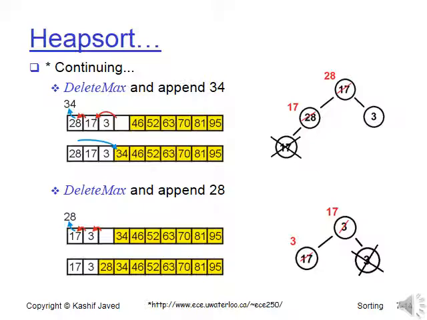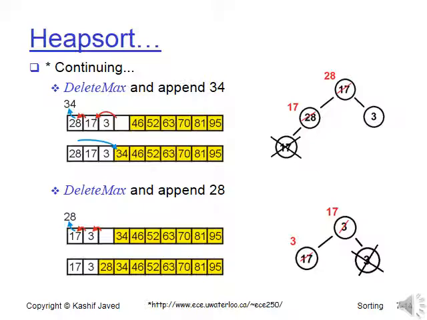We delete 17 and put number 17 into the root node. 17 once at the root node will get swapped by number 28, since 28 is larger than 3. We delete max and append 28.